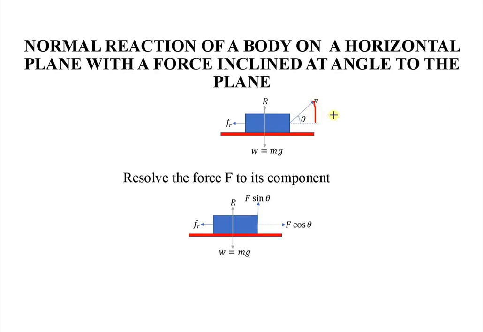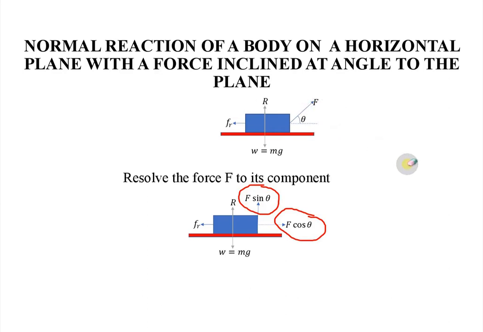Now, you know that the vertical is opposite to the angle, so that will be F sine theta. That's what we have resolved here. Now, the horizontal, which is FS, will be F cos theta.